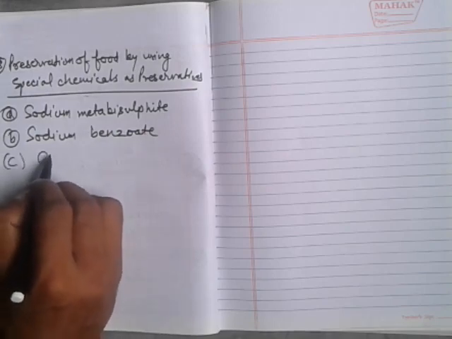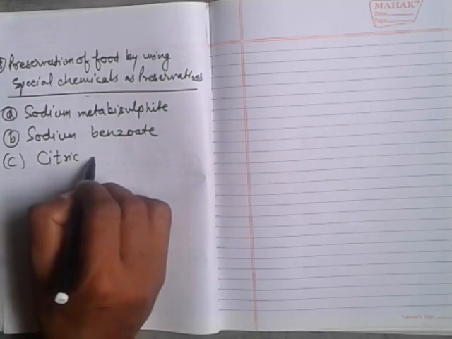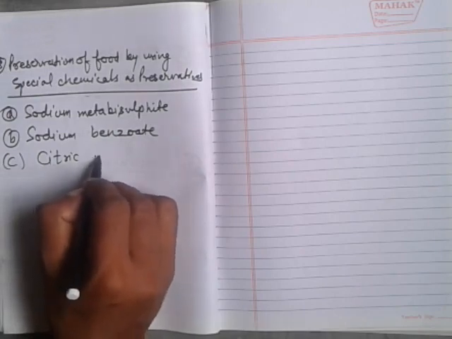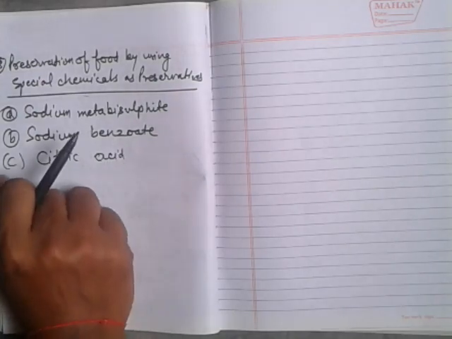And another one is citric acid. These are the common chemical substances which are used for preserving the fruit or food.